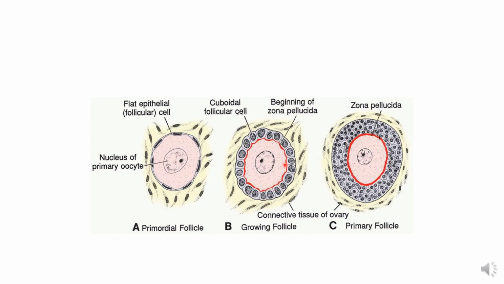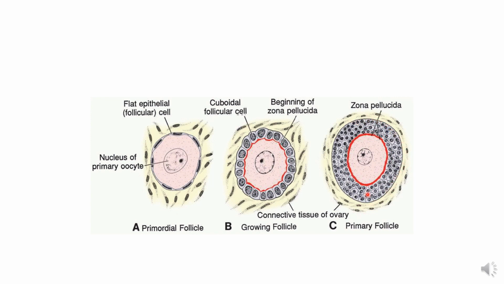And this red layer is the zona pellucida, which is created by secretion from the cell membrane and the follicular cells, and this glycoprotein coat is present in between them. Granulosa cells, you can see over here, are surrounded by a basement membrane.